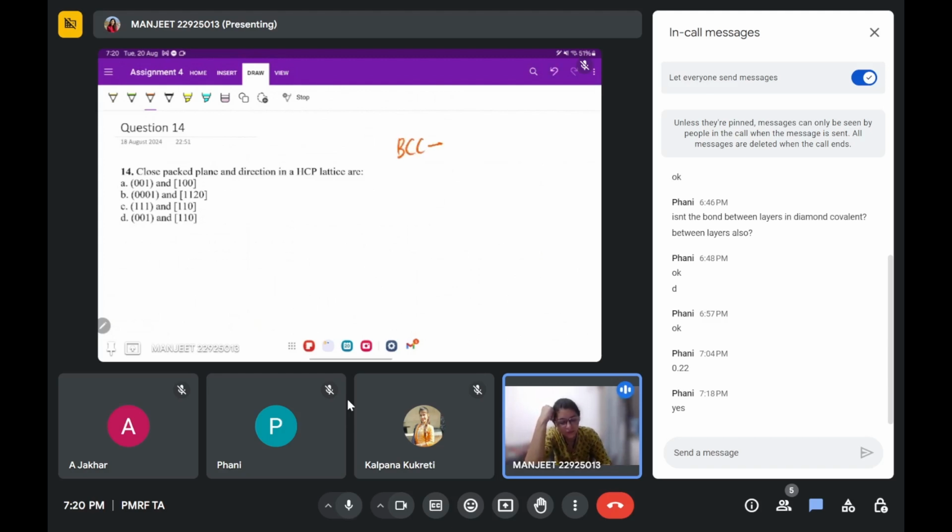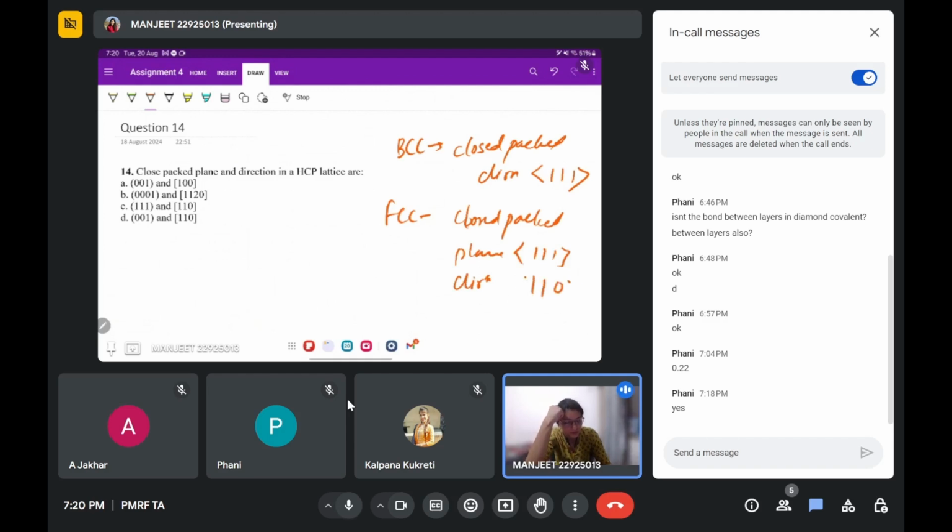For the BCC one, the close packed direction is 1 1 1. For the FCC one, the close packed plane is 1 1 1 and, because it is face centered, the direction is 1 1 0.